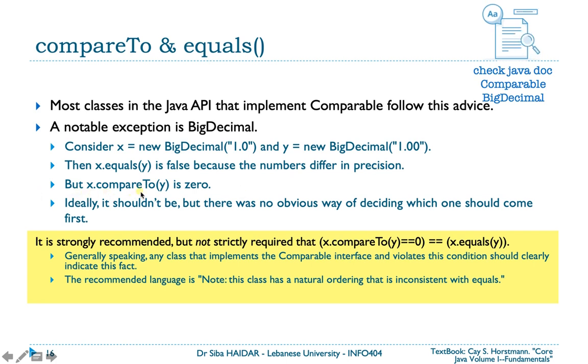But x compareTo y is 0 because they are considered equal on the number line. Ideally, it shouldn't be, but there was no obvious way of deciding which one should come first. So this is an example of a class that doesn't respect the recommendation and has declared so in its documentation.